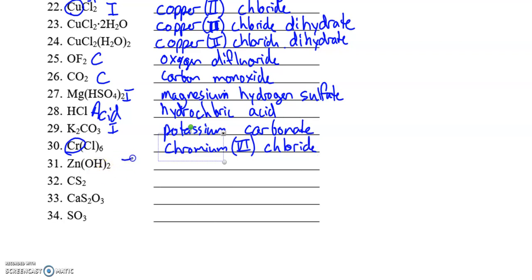All right, another ionic compound here, zinc hydroxide. Then we got a covalent compound, carbon disulfide.